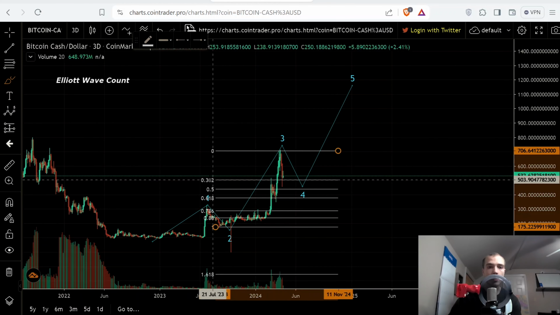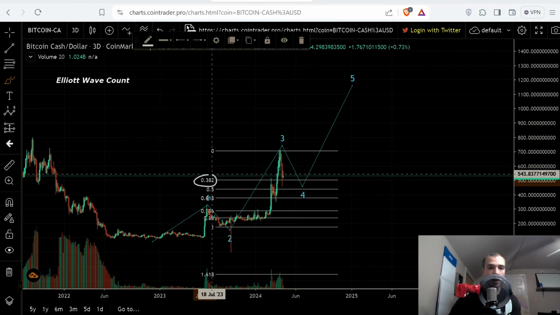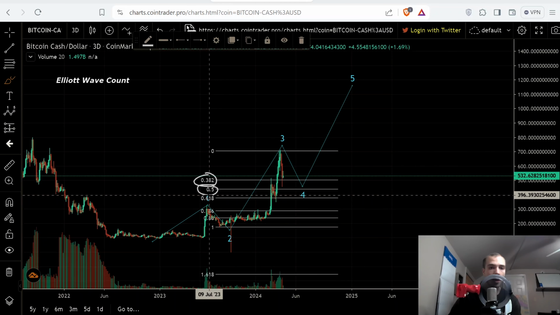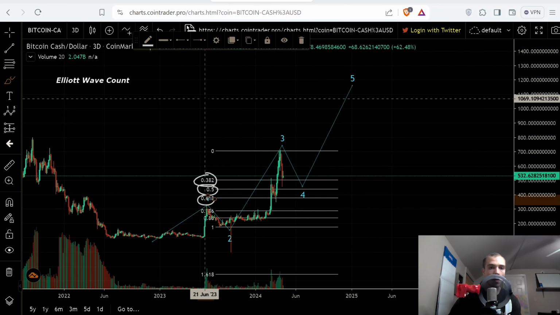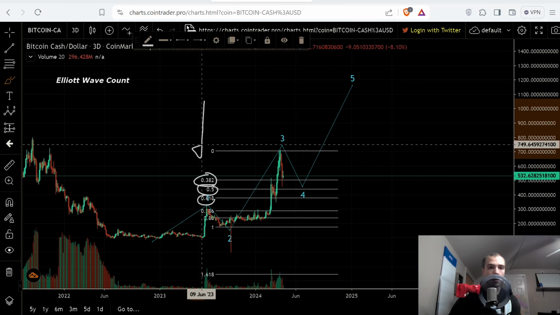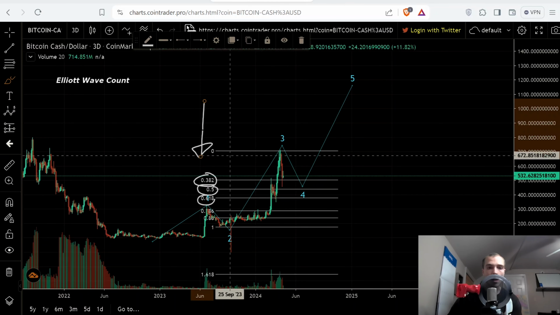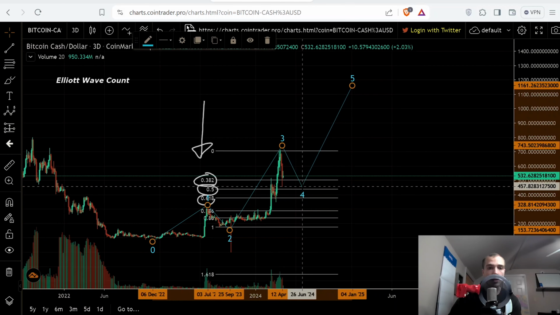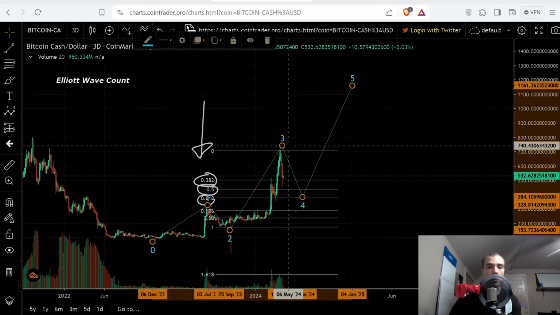So in other words, this 382 level, this 50% level right here, and the 618 level on the Fibonacci tool show us where wave 4 is going to stop with Bitcoin Cash, which those levels coincide perfectly with our major support levels.